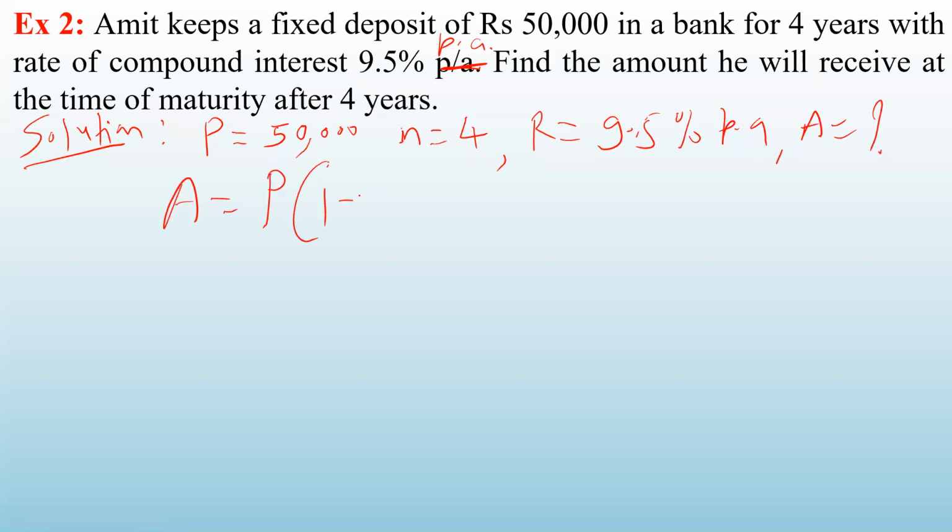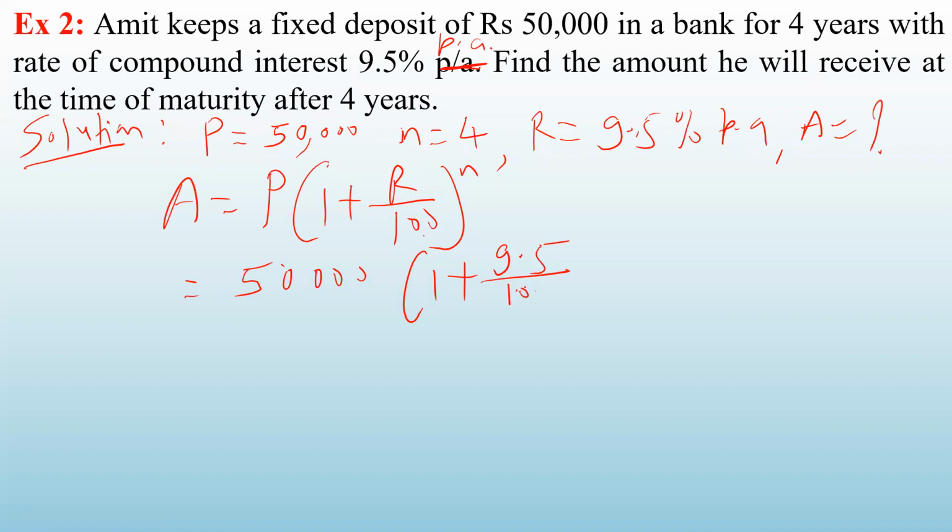So you have to find out the value of A, a very straightforward problem. What is your formula to calculate A? P into 1 plus R upon 100 raised to power n. So put all the values. Principal is 50,000. 1 plus R is 9.5 divided by 100, raised to power 4. So it is 50,000, 1 plus 9.5 divided by 100, that is 0.095, and then you add it to 1.